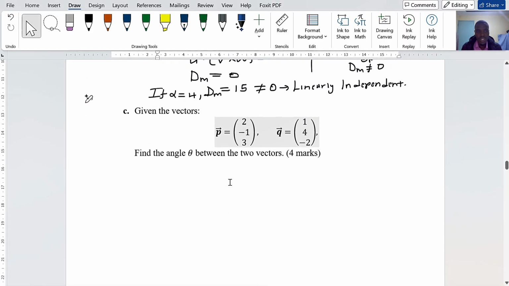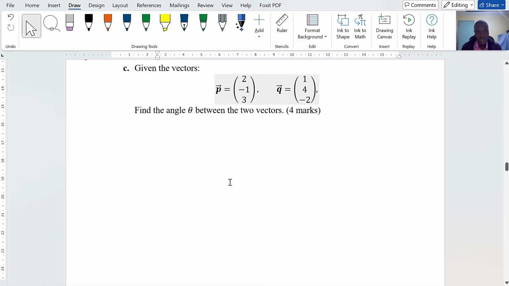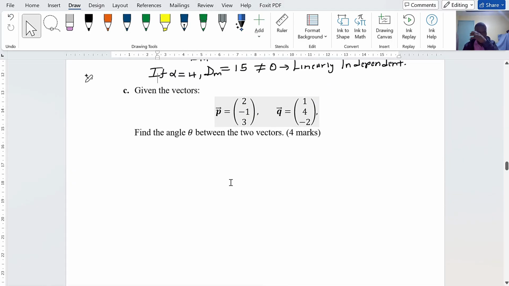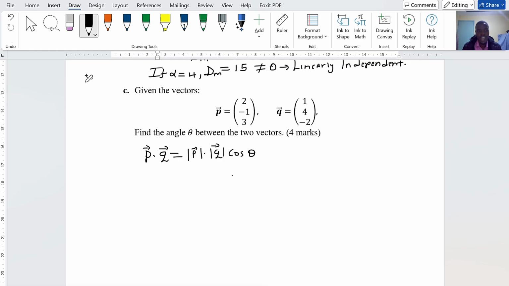Now the last question is on dot products, where you're asked to find the angle between the two vectors. We know the definition of that. P dot Q is simply equal to the magnitude of P times the magnitude of Q times cos theta, where theta is the angle formed between the two vectors.